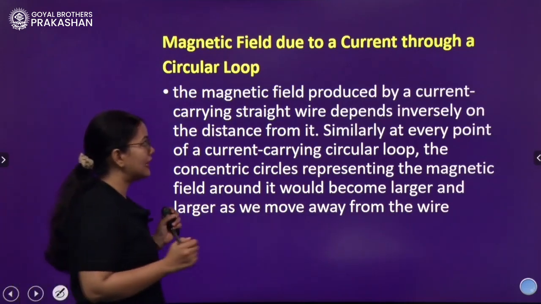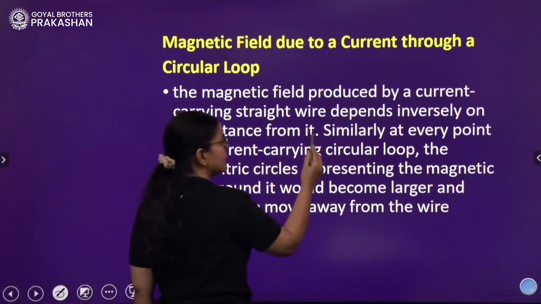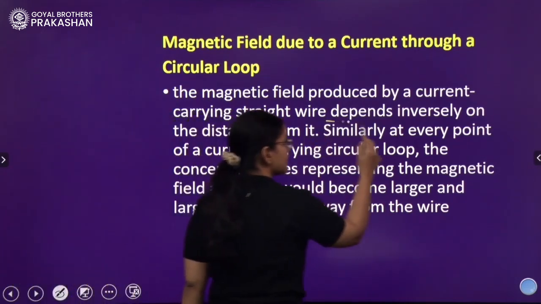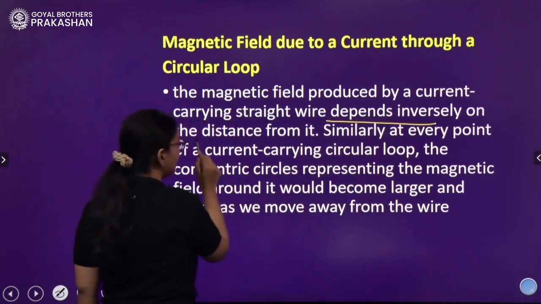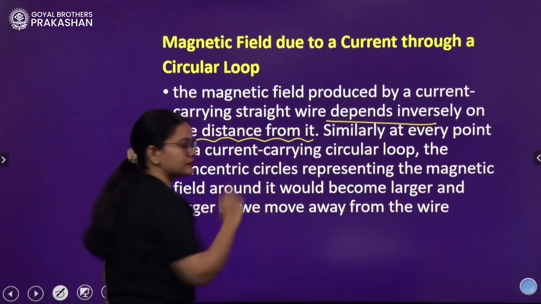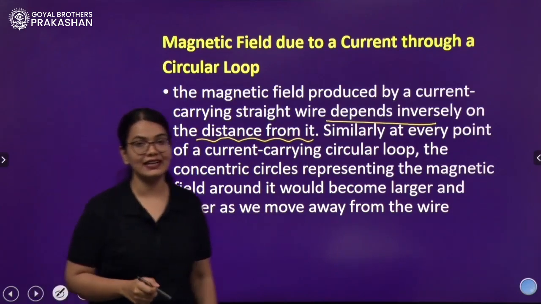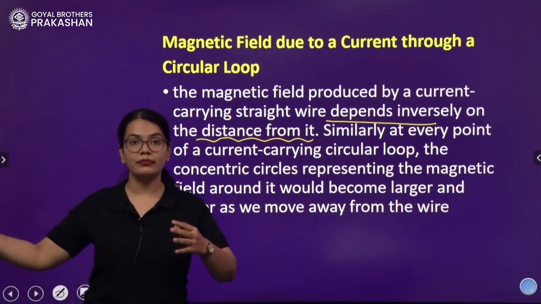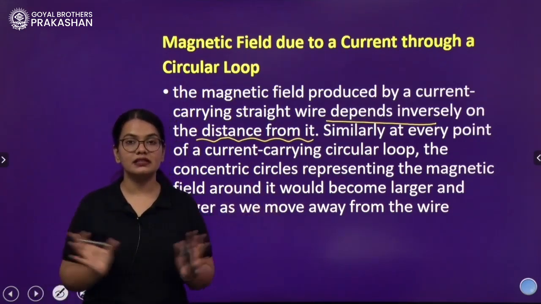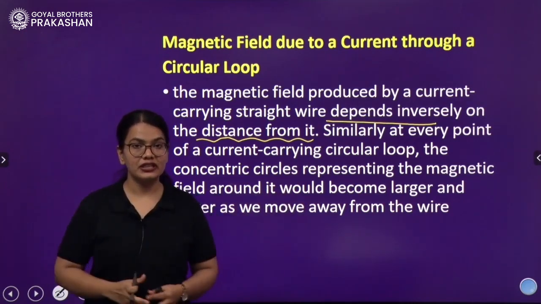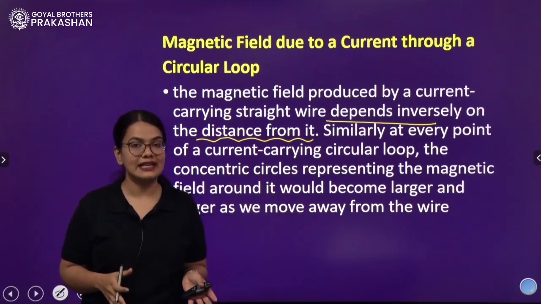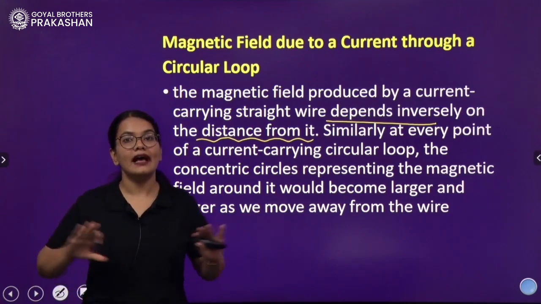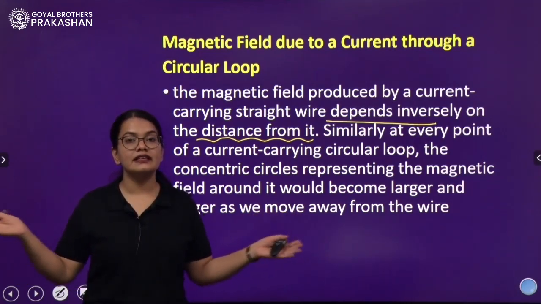The magnetic field produced by a straight current carrying wire depends inversely on the distance from it. We have discussed that as we were moving away from the wire, our concentric circles were becoming larger and larger, the deflection in the compass was less, and we concluded that as we are moving away, the field is decreasing.